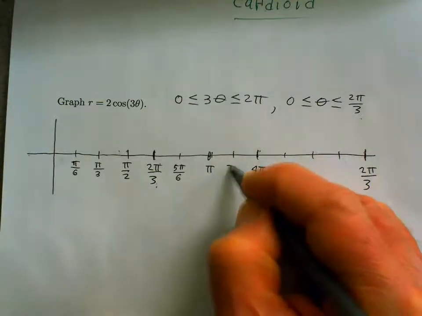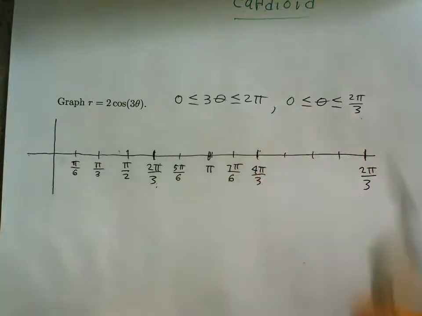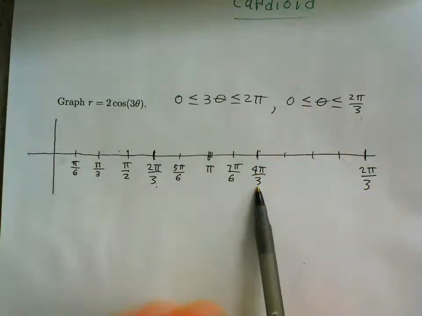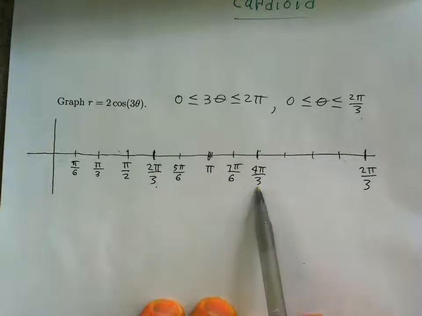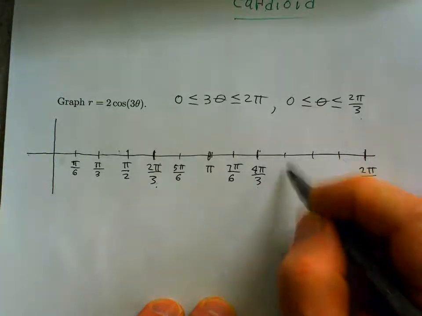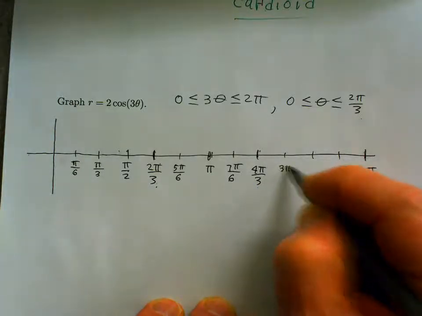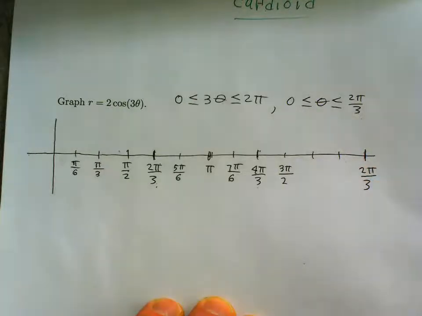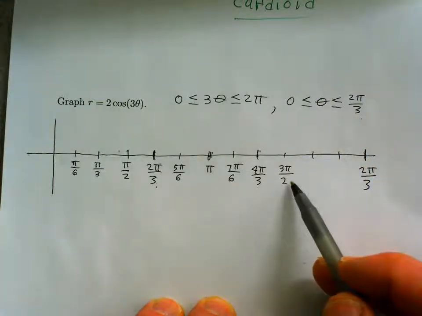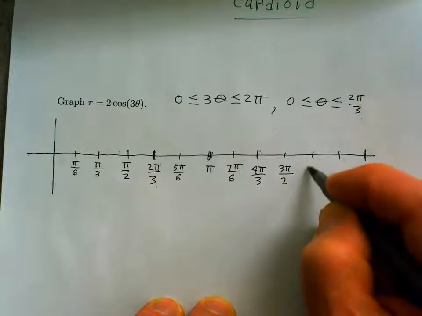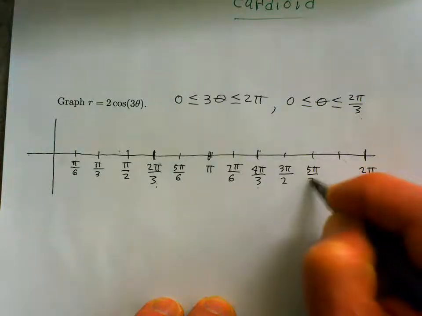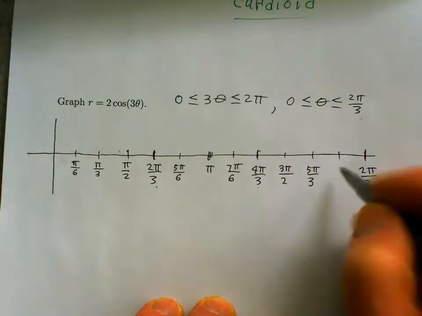Then 7 pi over 6. 8 pi over 6 is 4 pi over 3. 9 pi over 6 is 3 pi over 2. 10 pi over 6 simplifies to 5 pi over 3. And then 11 pi over 6.